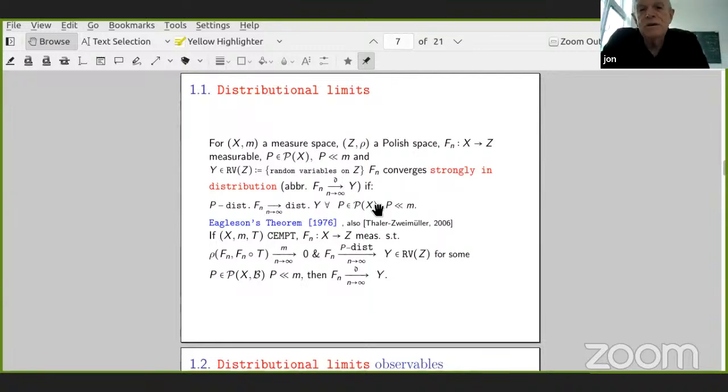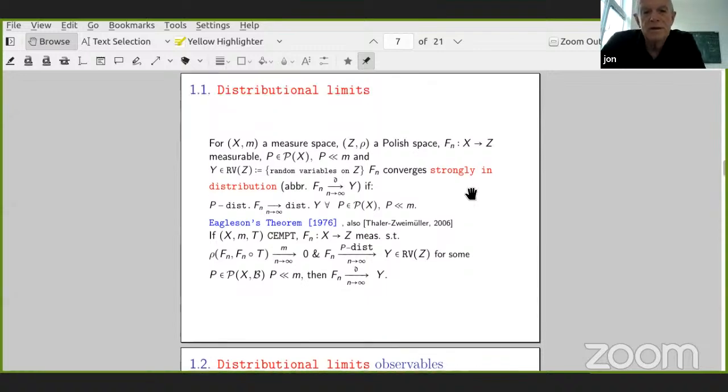So there are subsequences which converge weak star in L infinity. And because of the condition, these limits will be invariant, and so they will be constant. But I know what they are because I already had that it converges for one particular measure. So there we go. That's Eagleson's theorem, basically.